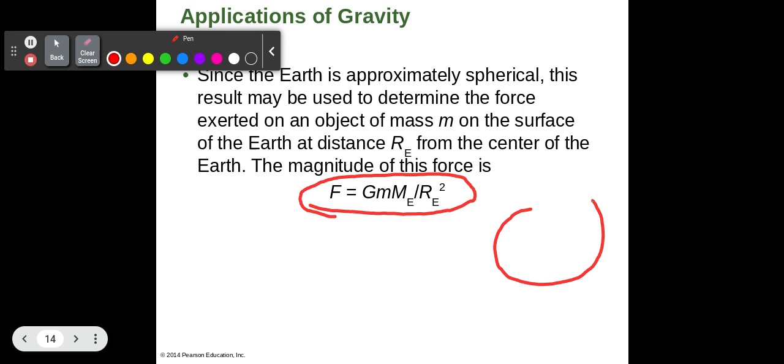If you have the Earth and an object near the Earth, then the force of attraction between the object and the Earth is going to be equal to whatever the mass of that object is, the mass of the Earth, over the radius of the Earth. You'll plug that into your universal law of gravitation, and that'll help you define the magnitude of that force.